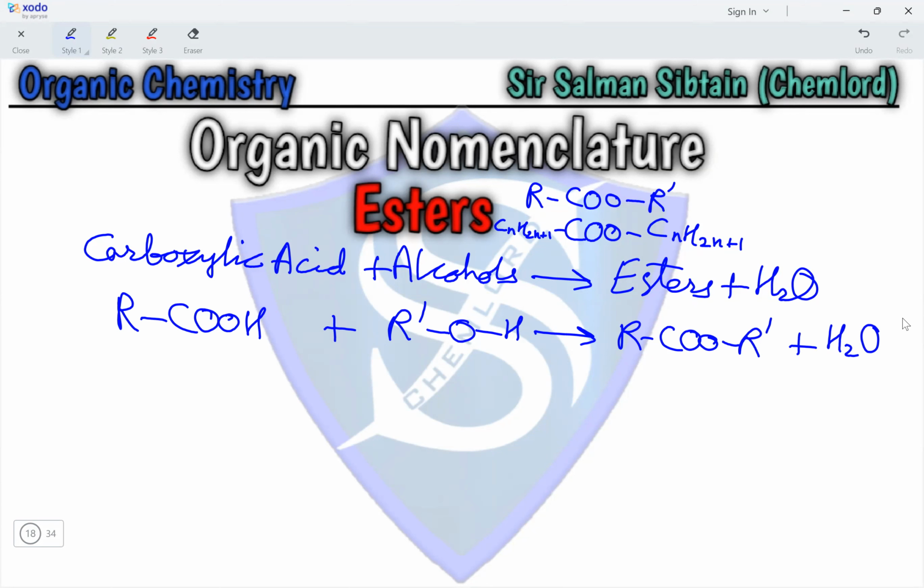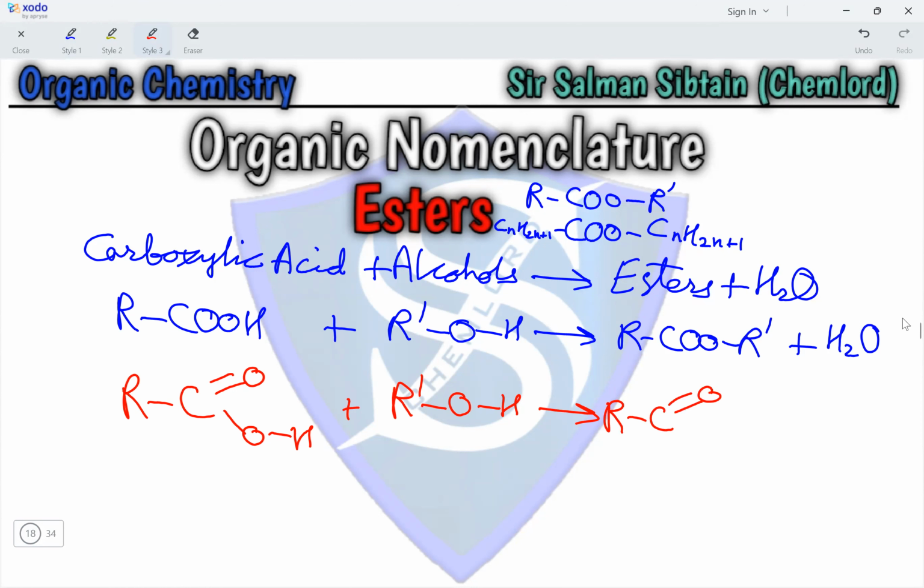So this reaction would be RCOOH reacting with R dash OH producing RCOOR dash and H2O, and the water molecule that is removed is from here.